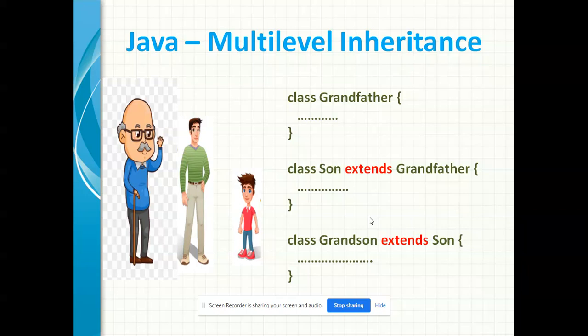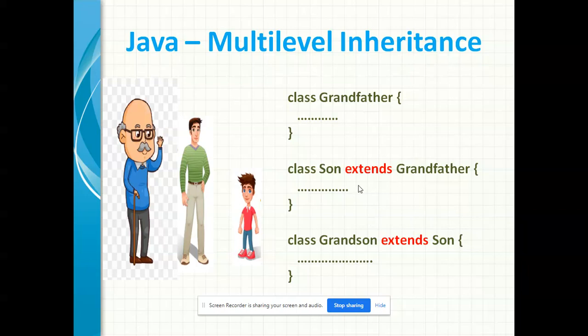So this is the second type of inheritance, nothing but multi-level inheritance. I'm using the same scenario which I used in my previous single inheritance video. In single inheritance, one superclass, one subclass.